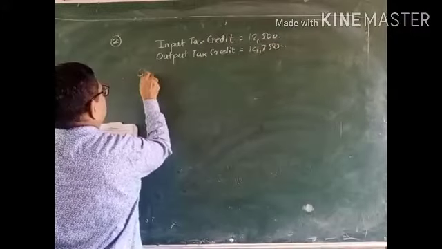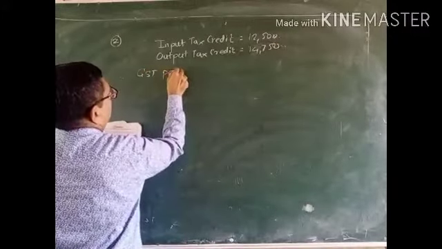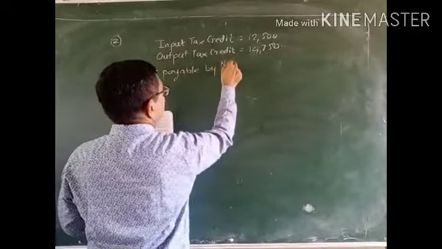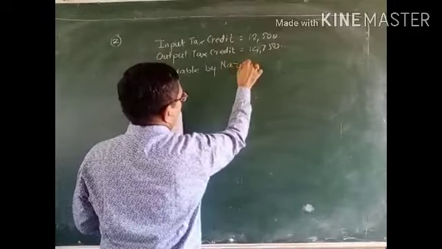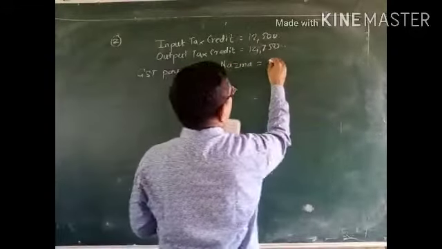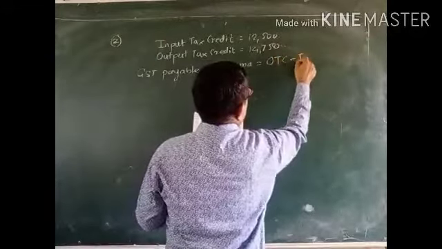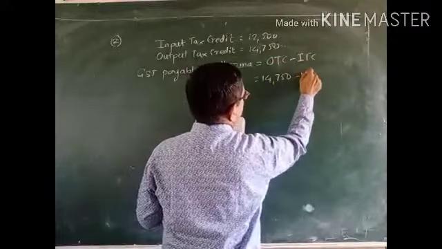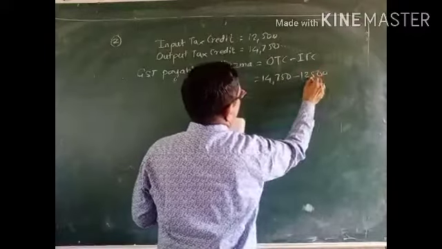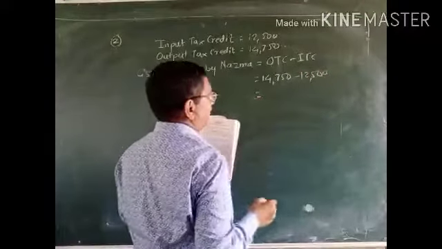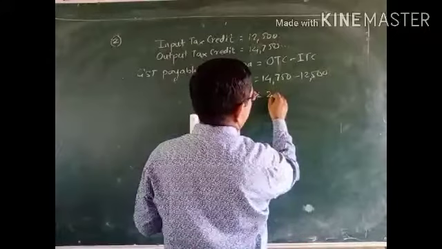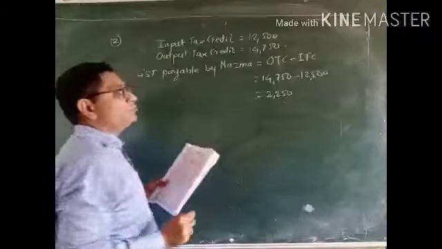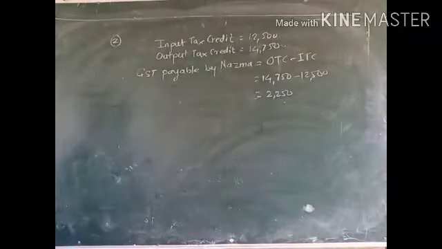Therefore, GST payable by Nazma is equal to OTC minus ITC, that is 14,750 minus 12,500. Here 2,250 rupees is to be paid.